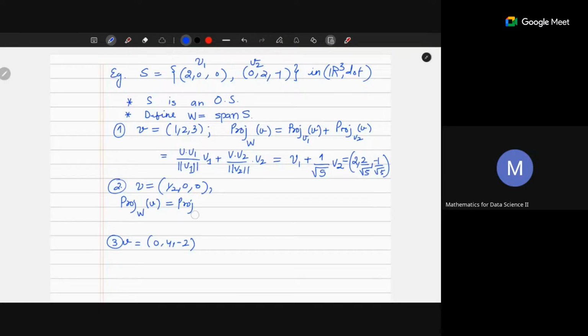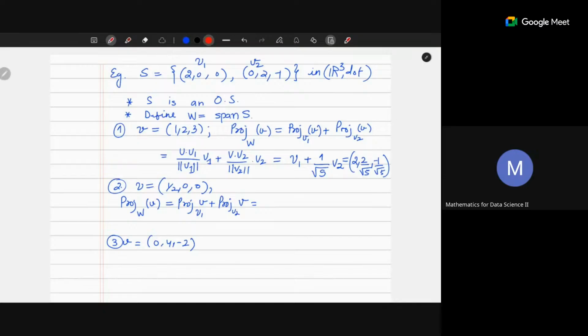So first we need to find out the projection of V onto V1 plus projection of V onto V2, right? Now, do you guys notice anything about V and V1? V is 1 by 4 times V1. So it's a scalar multiple of V1, right? So its dot product with V2 has to be 0 because they are orthogonal to each other, correct?